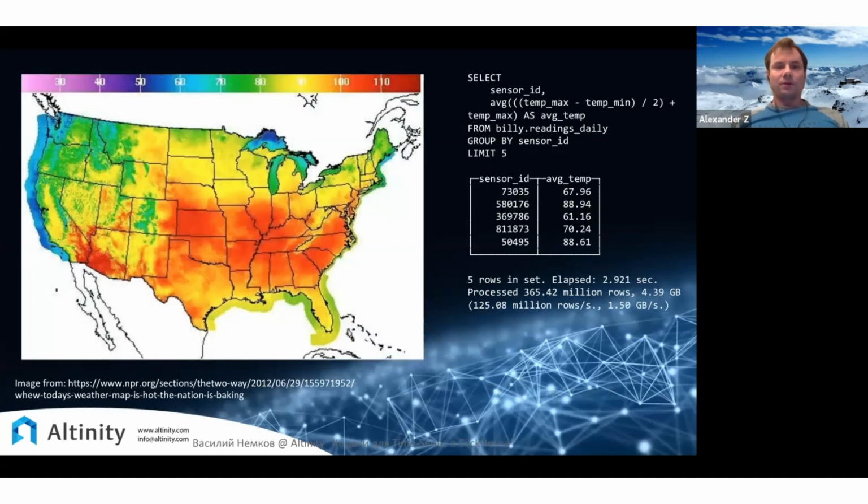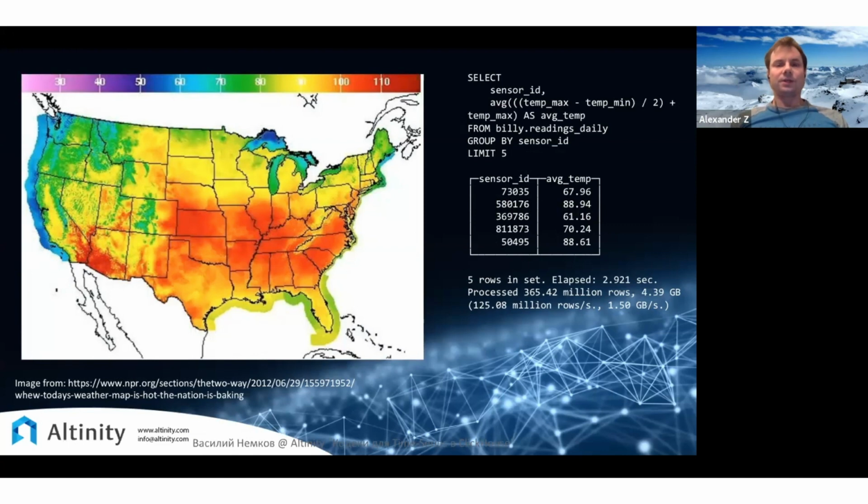Since we have all the data aggregated now, we can also quickly generate data to be used in map applications. This is just 5 rows, but the query for all 1 million sensors would probably take almost the same time.